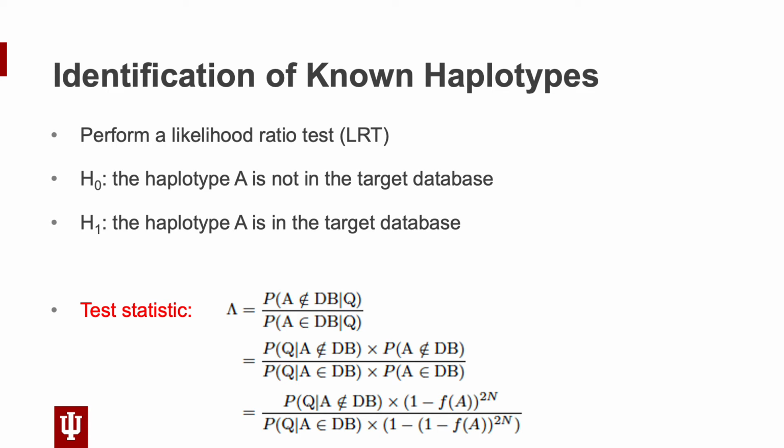We perform a likelihood ratio test, LRT, to identify the known haplotypes, where we set the null hypothesis as haplotype A is not in the target database, and the alternative hypothesis as haplotype A is in the target database. We construct a test statistic based on Bayes' theorem.